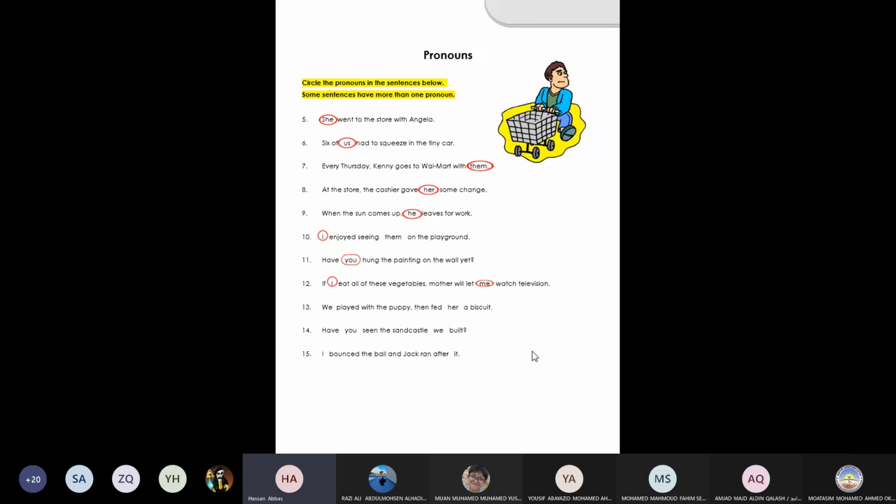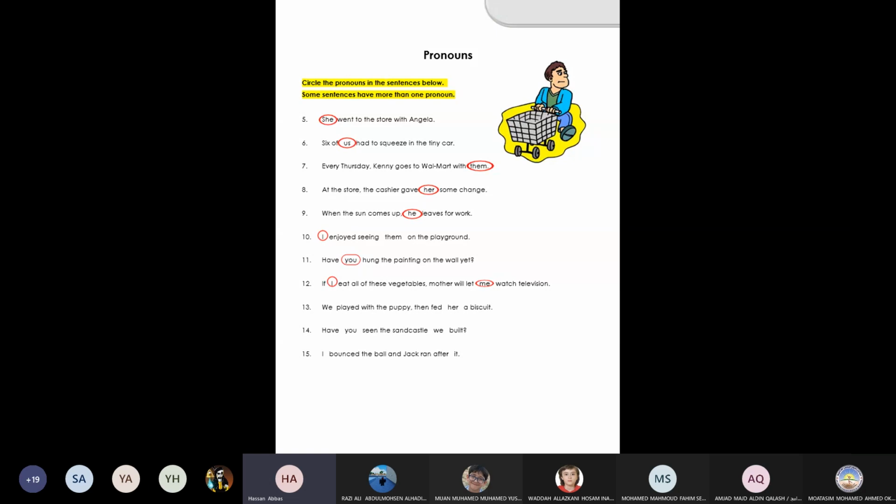Husam. Sentence 13. Yes, teacher. 13. We played with the puppy, then fed her a biscuit. We. Pronoun is we. Only we? One pronoun only in that sentence?